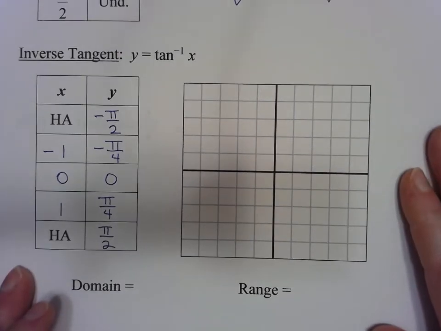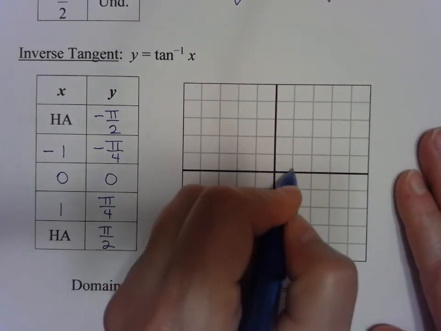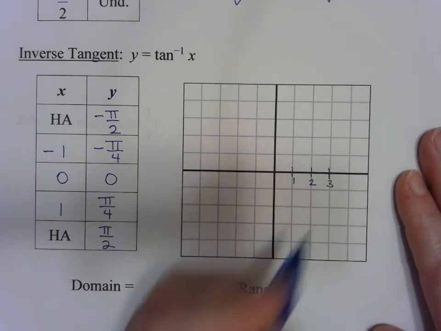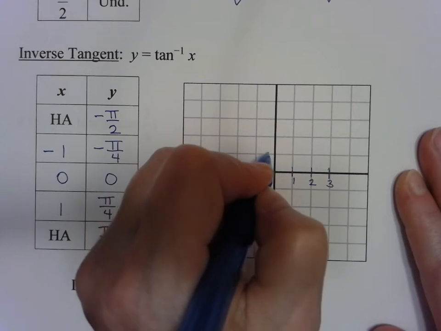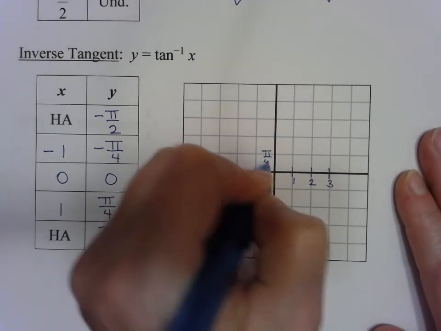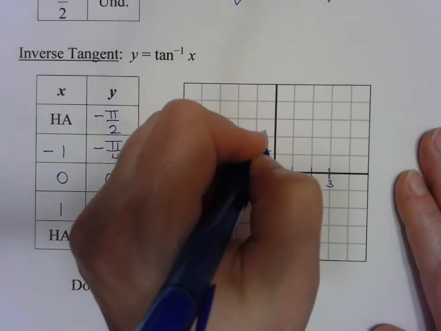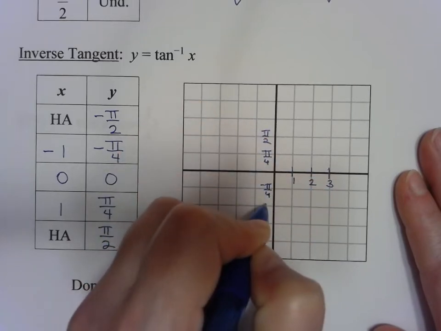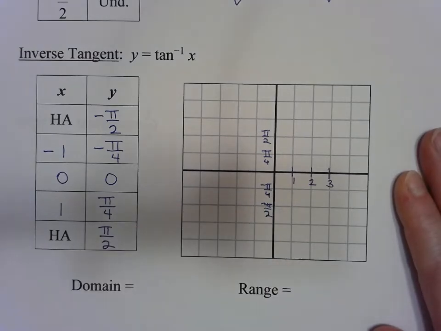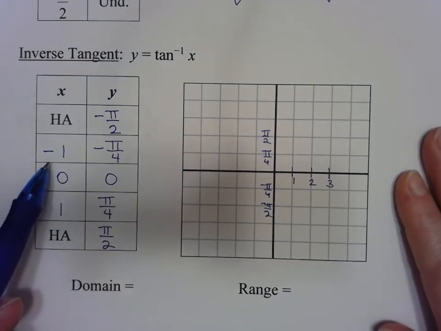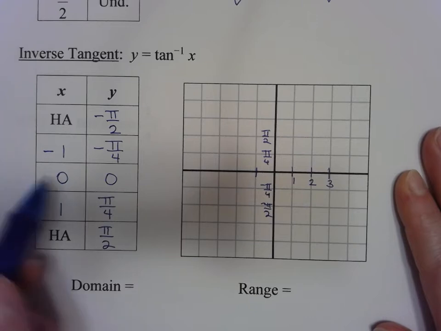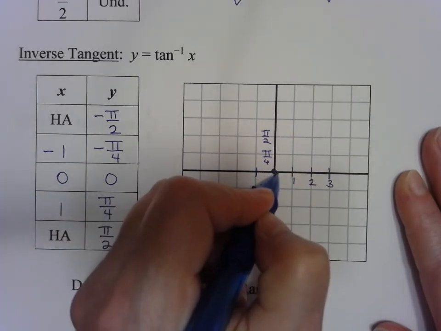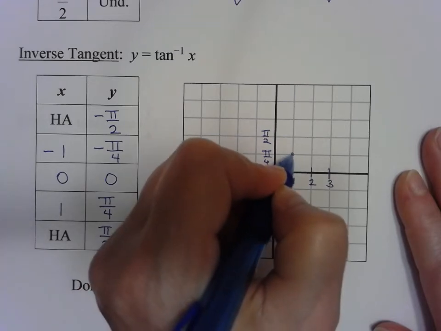So if we graph that, same thing's true here. These are real numbers, and then these are angles. So we've got at -1, we're at negative pi over 4; 0, 0; and 1, pi over 4.